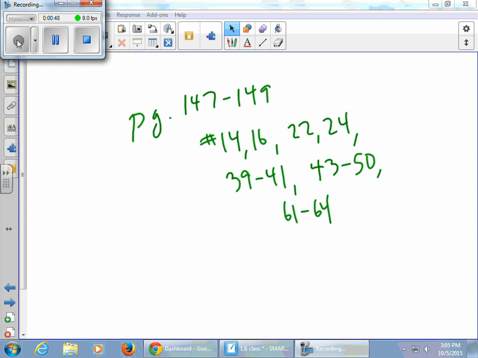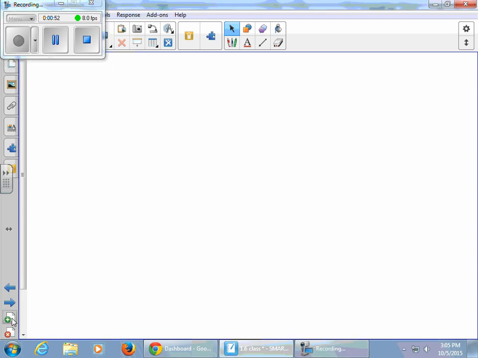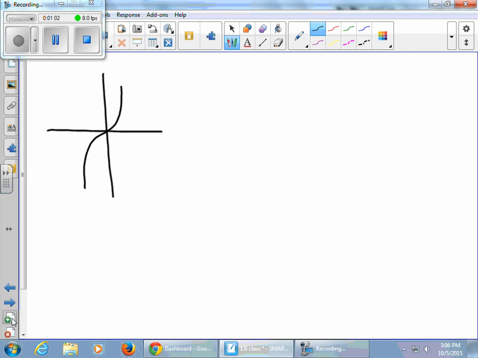For 22, in drawing these, I'll show you what they should look like. You start with, think of starting with x cubed. So x cubed is our John Travolta. If I have x cubed minus 2, it would be that moved down 2.